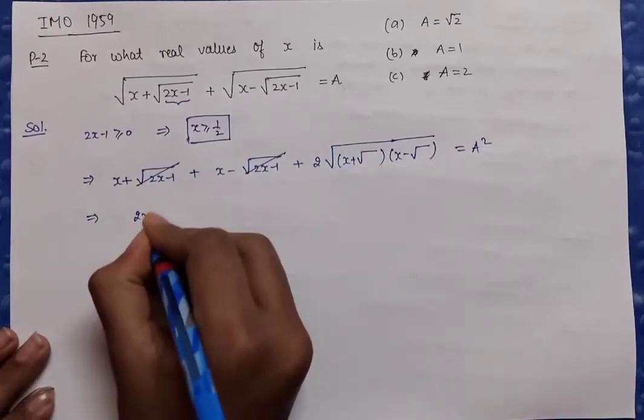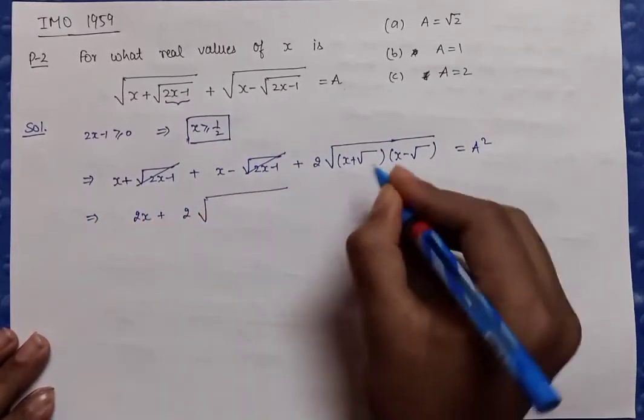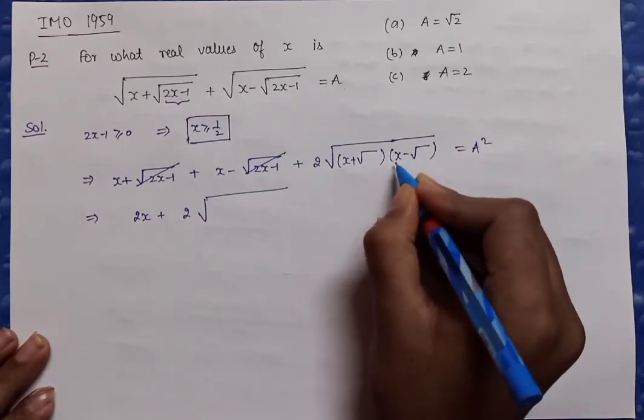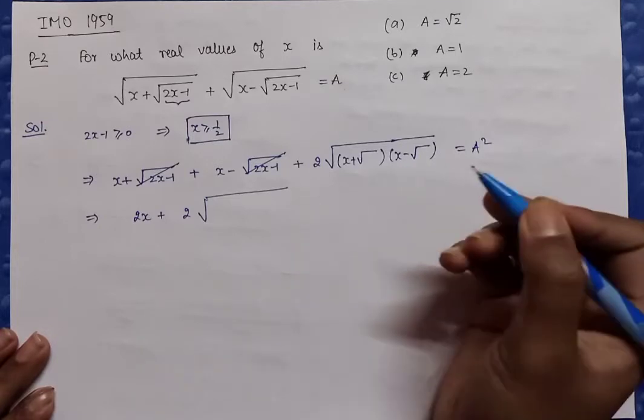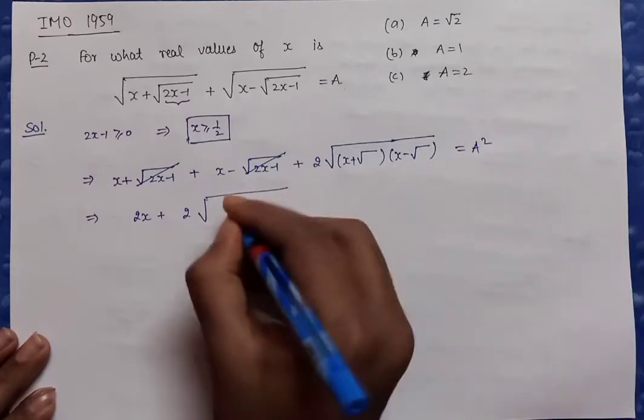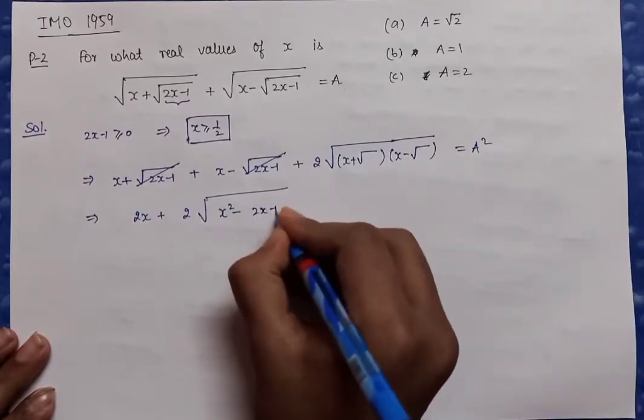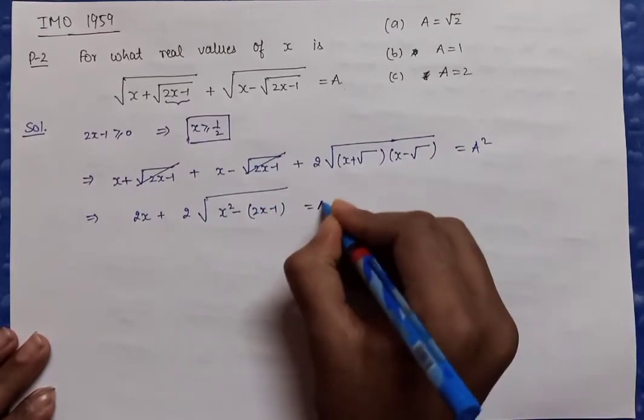Now, 2x plus 2 times the square root of this, which is of the form a plus b multiplied by a minus b, so we can use a plus b into a minus b equals a squared minus b squared. So x squared minus b squared, that square root will get cancelled out, so I can write 2x minus 1 like this, equals a squared.